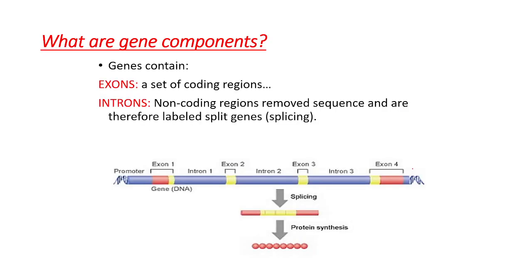So what are the gene components present? These genes contain different things like the promoter, where RNA polymerase binds and the protein starts expressing. So you have the promoter, then you have the exons, then you have introns.